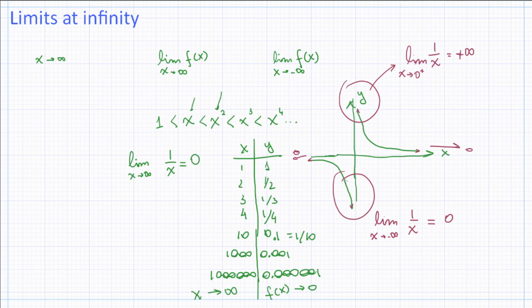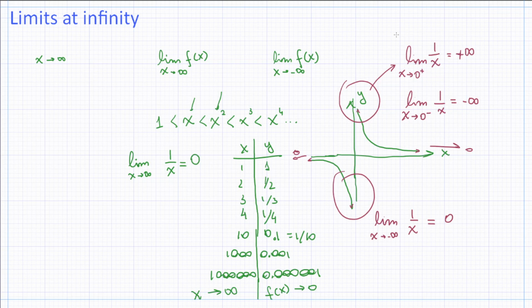However, if I approach from the left, so same function, but x is tending to 0 from the left, where we have the negative values of x, as it's getting closer and closer to 0, our function is going closer and closer to very, very large negative numbers. So the closer we get to 0, the closer we're getting to negative infinity.